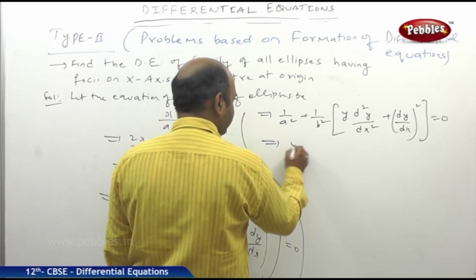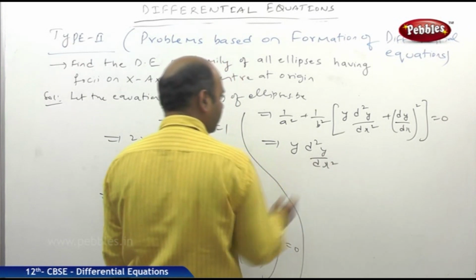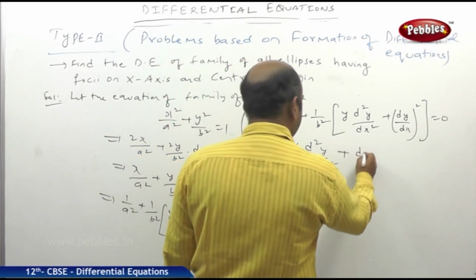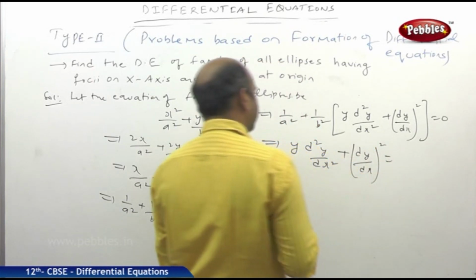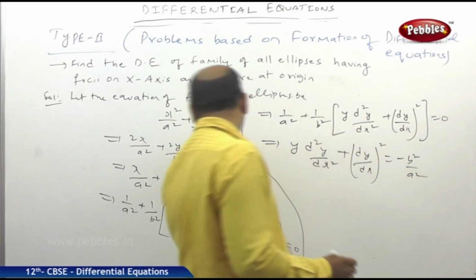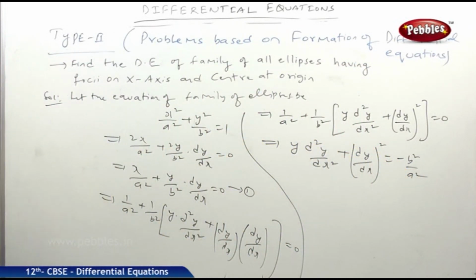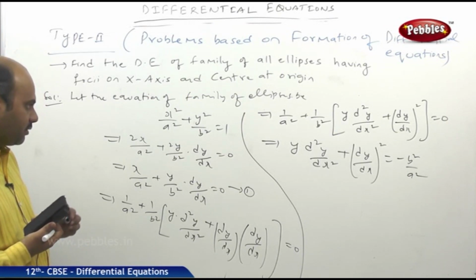So the equation transforms to y into d square y by dx square plus dy by dx whole square is equal to minus b square by a square. I think I can make some modifications here, because here also I am finding minus b square by a square.